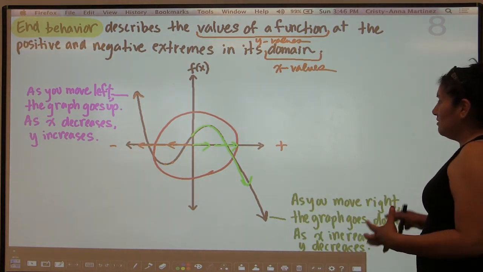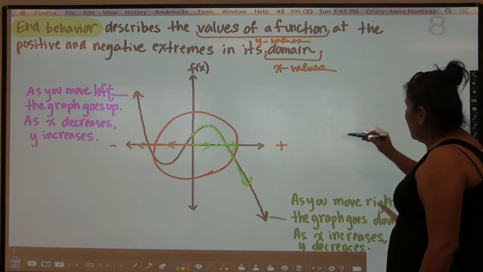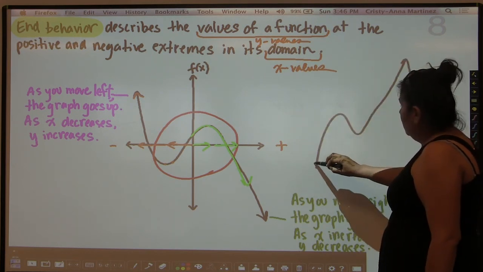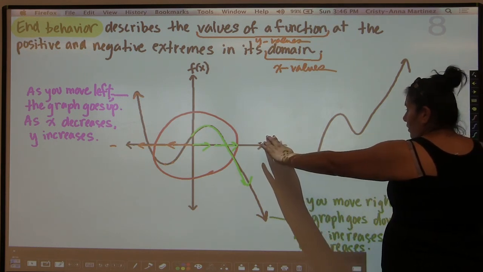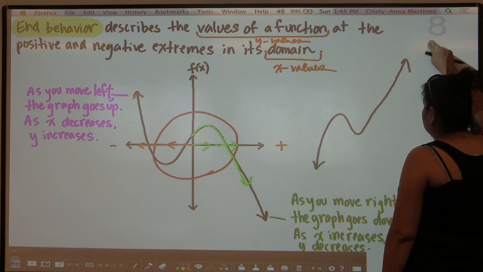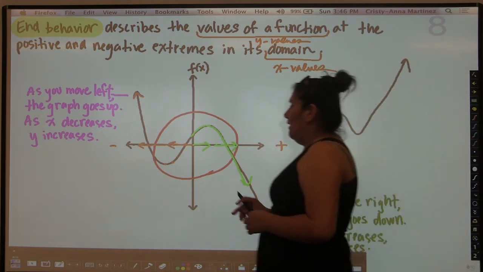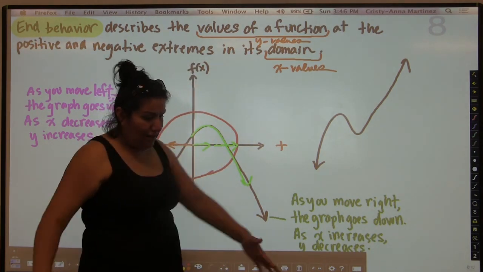All right, now this can be flipped around, so this is not always the case. Sometimes you can have a graph that looks like this. Okay, and in this case, as x gets small, y gets small. And as x gets big, the y values get big. It's kind of the opposite of what that one's doing, because in this case, I always think of arms, okay, so you're like this.